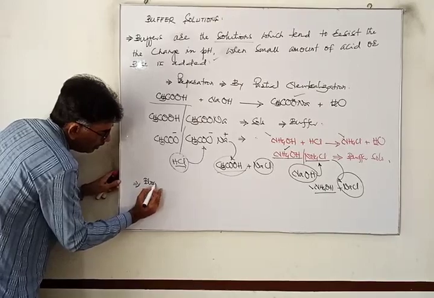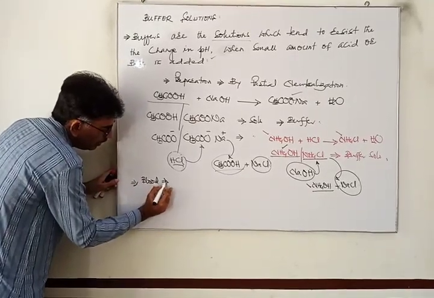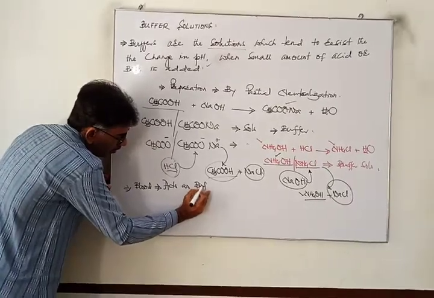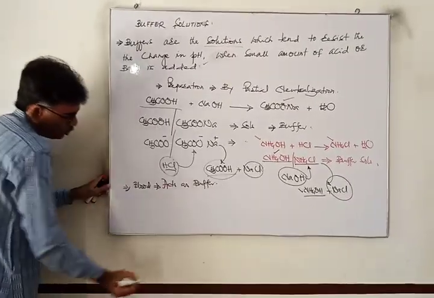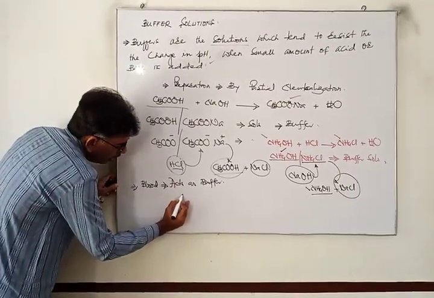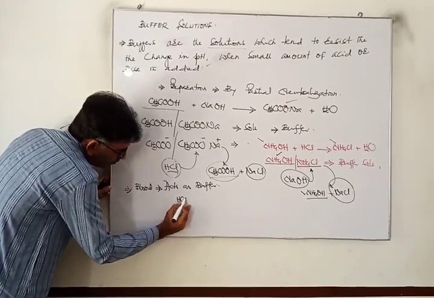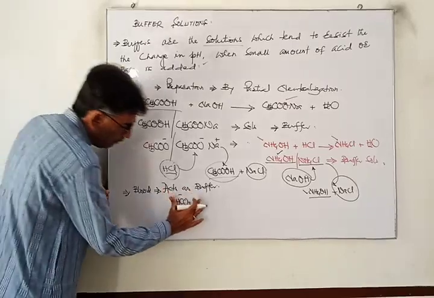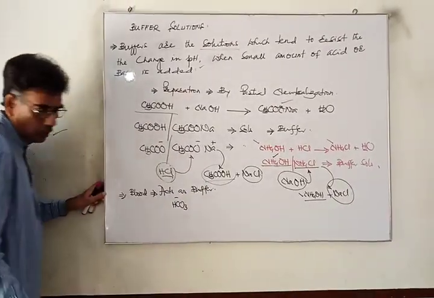Blood acts as a buffer, and do you know how the bicarbonate ions within the blood are produced?